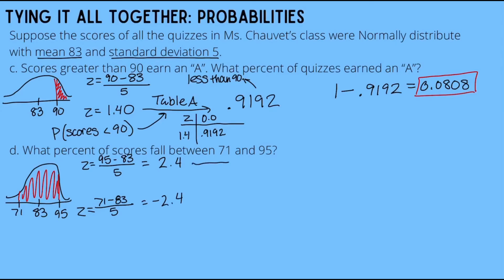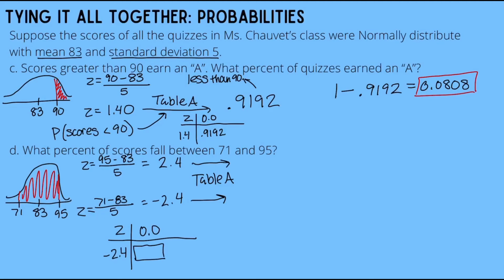So again, we need to use table A here. So when we use table A, let's just look at the negative 2.4 as our example. So you want the first part of your z-score, so the first two digits with the sign, so negative 2.4. And since there's no real digit after that, we can assume that that's a 0. So we look for 0.0.